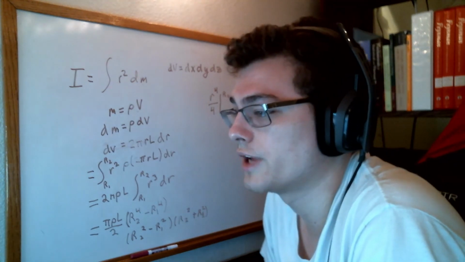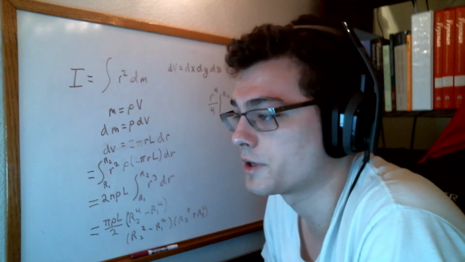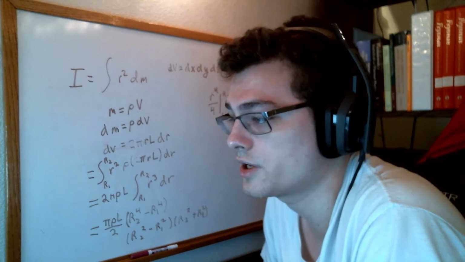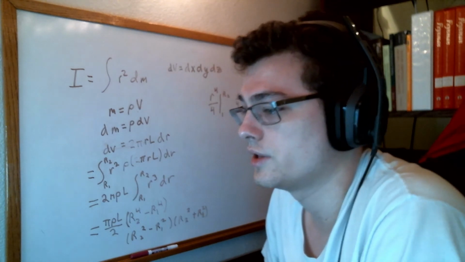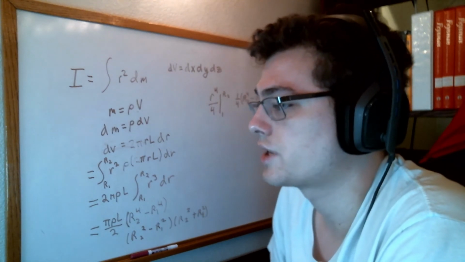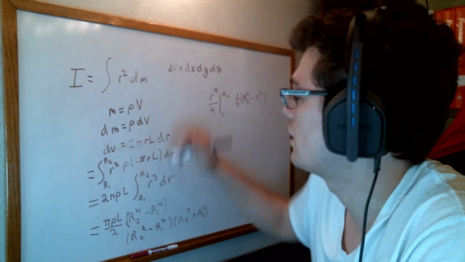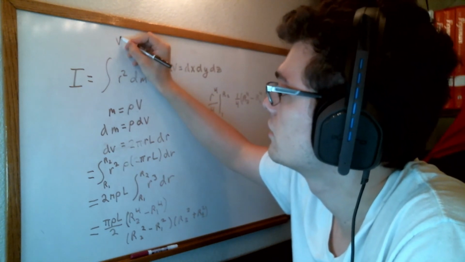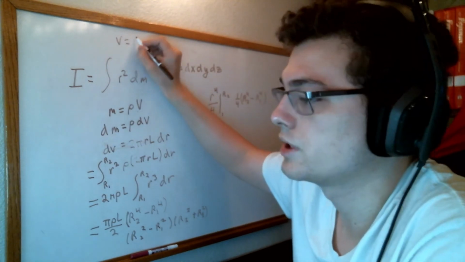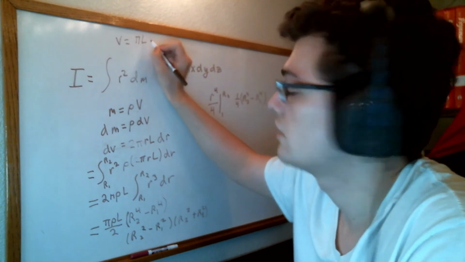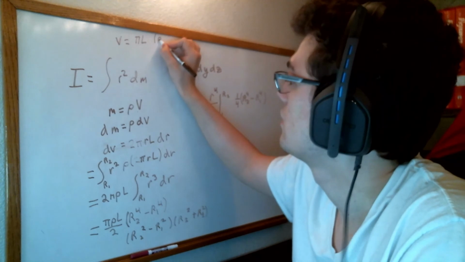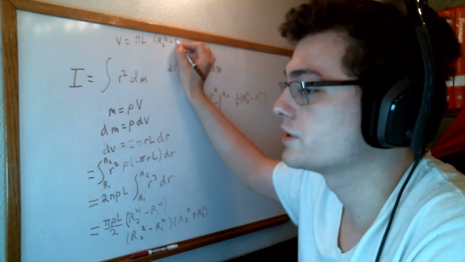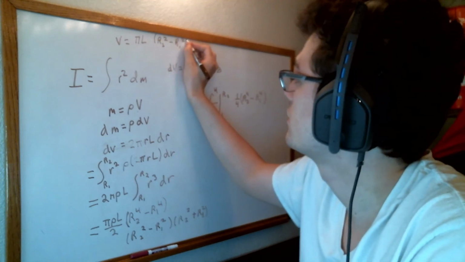And so what we're going to do is express this in terms of the total mass of the body. In this case, V here is going to be equal to pi L times R2 squared minus R1 squared.